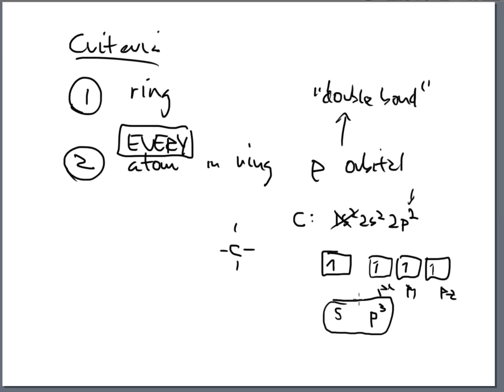I mean, that's how all of this really got started. All the way back, weeks and weeks and weeks and semesters ago. This is kind of where we started our lecture material. Well, if carbon has a double bond in there, now we don't really need 3 different p orbitals. We just need a stronger bond between 2 of the atoms, right? So we don't need all 3 of these p orbitals. We just need 2 of them.